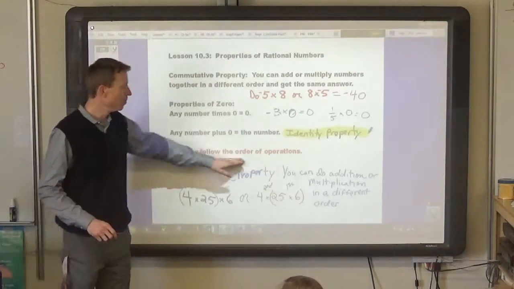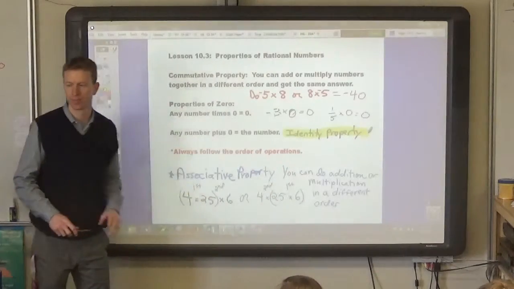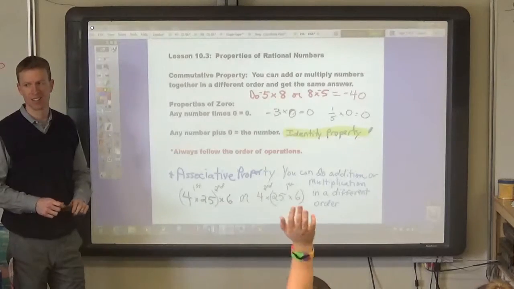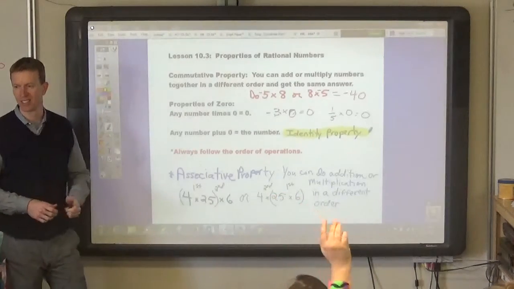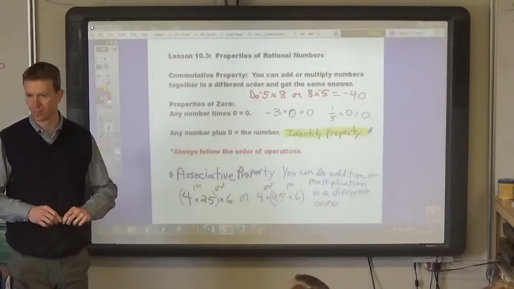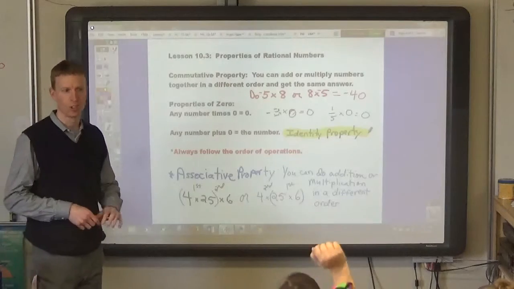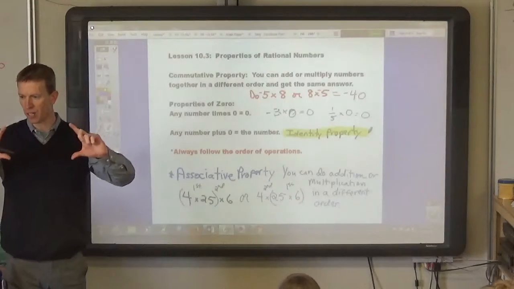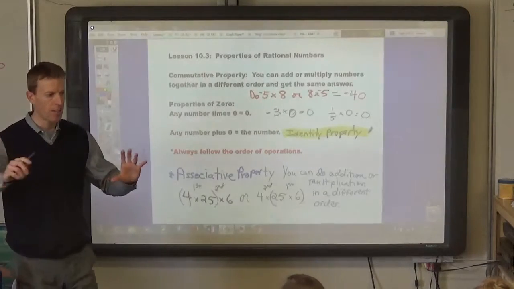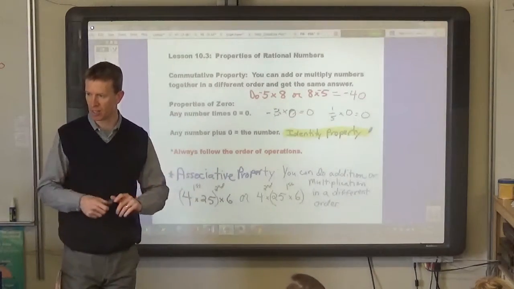What does the order of operations mean? Jen? Good. So you have to work inside parentheses first. You have to do all exponents. Then you can multiply and divide, then you can add and subtract outside parentheses.